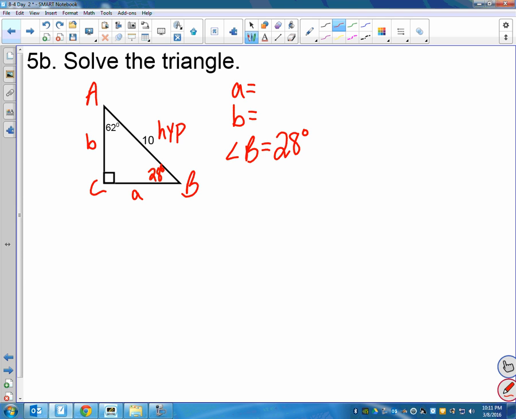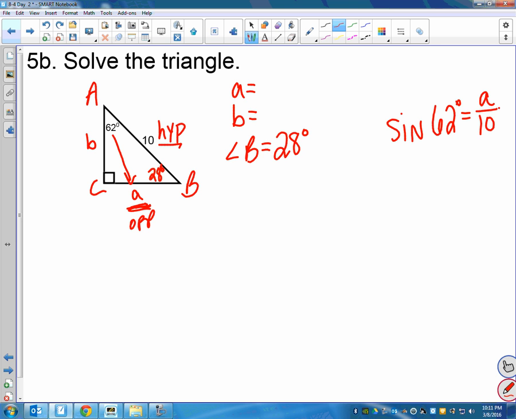So I'm going to use 62 degrees, and again, A comes before B, so I'm going to solve for A first. If I use 62 degrees, then compared to 62 degrees, A would be the opposite side, yes? And I know the hypotenuse, which means I'm going to do the sine of 62 degrees equals A over 10. And that should be what we did on our homework last night.